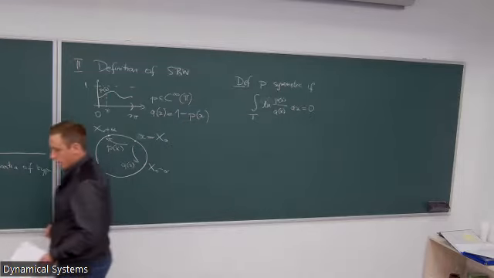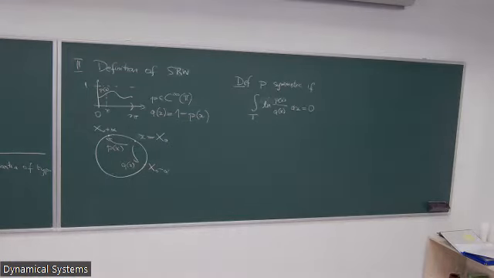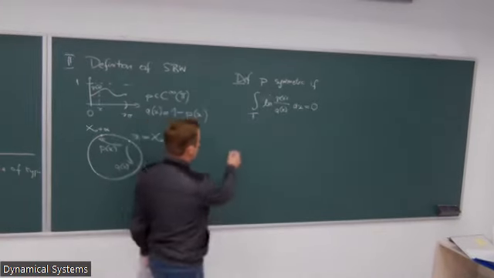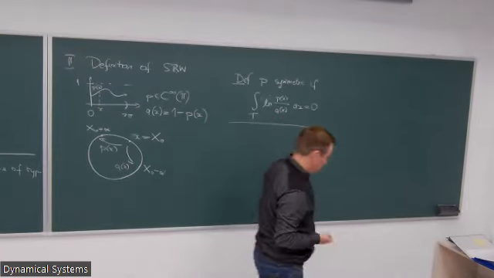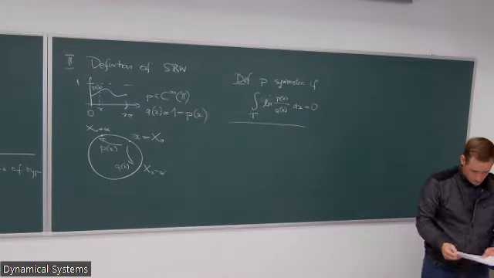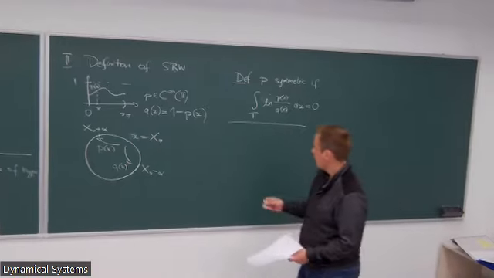And if this condition is not satisfied, then we call P asymmetric. So the definition is very simple. Maybe it's hard to understand why to introduce it or why it's useful, but I will explain that later.